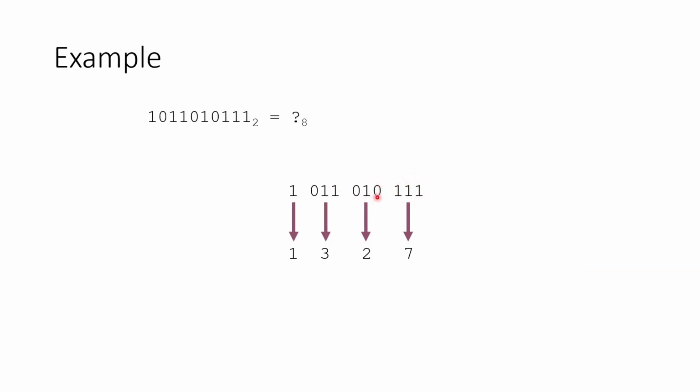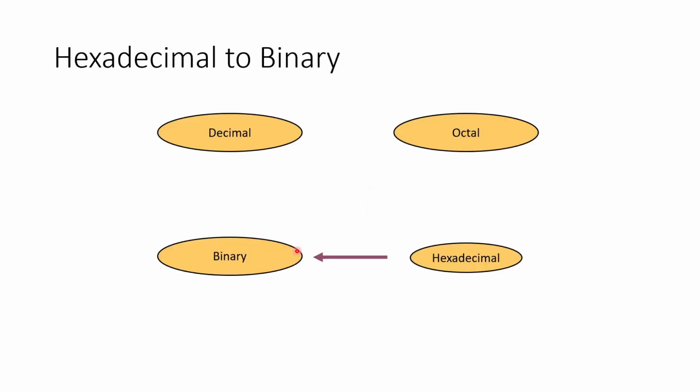So 111 is equal to 7, 010 is equal to 2, 011 is equal to 3, and 1 is equal to 1. So the result is 1327.